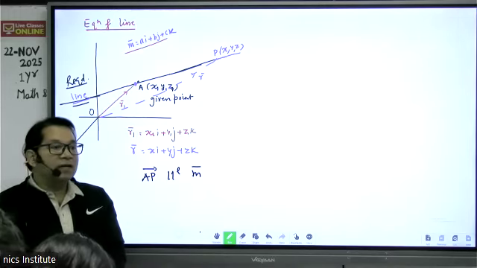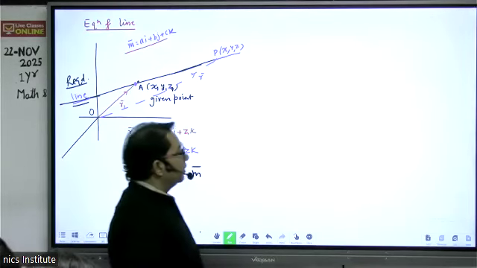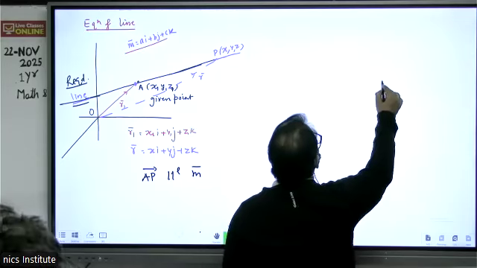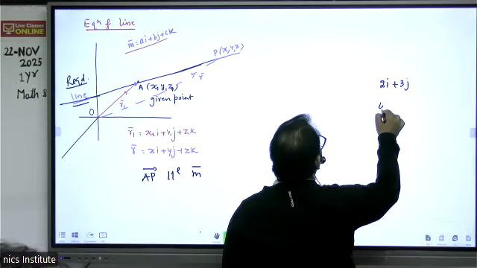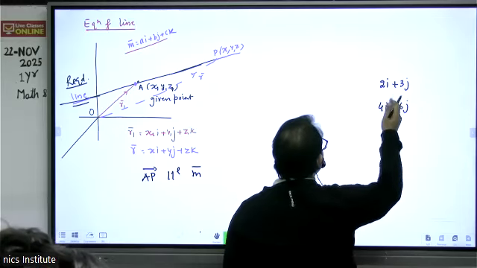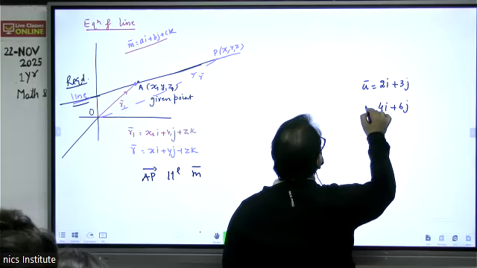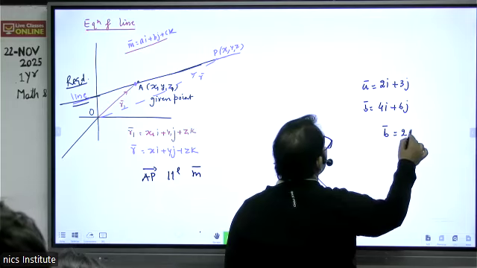One vector would be a scalar multiple of the other. For example, suppose one vector is 2i + 3j and another vector is 4i + 6j, so they are parallel to each other. Whenever vectors are parallel, one vector would be a scalar multiple of the other.